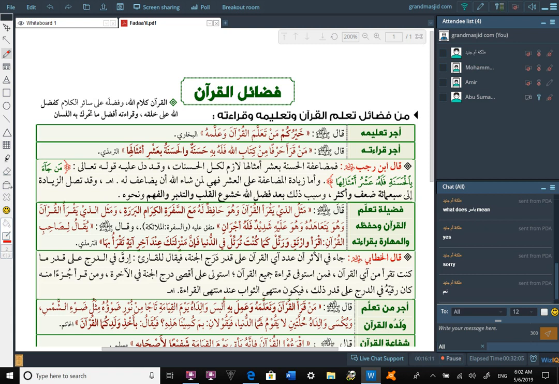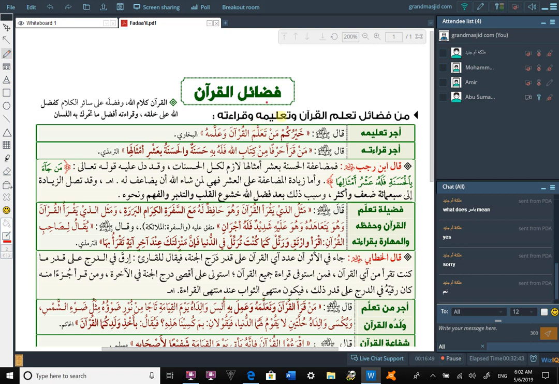Man ta'allama, man, whoever. Ta'allama, who learns what? Al-Qur'an. Ta'allama al-Qur'an. Qur'an has a fatha here because it is mansub, maf'ulun bihi. It is the object of the verb. Ta'allama, to learn what? To learn the Qur'an. The object of the verb is mansub in Arabic. Khayrukum man ta'allama al-Qur'ana wa'allamah, and teaches it.